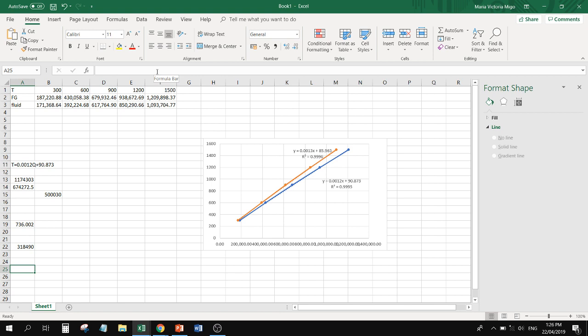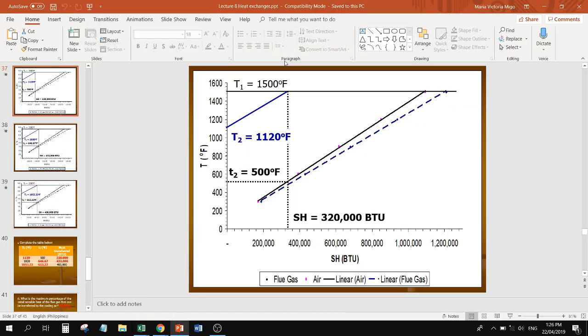Next, I want to make a new line. I want to make this line. So I can do that with one point and slope. That's point slope form.